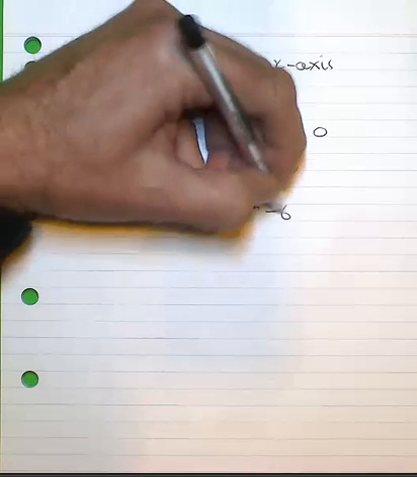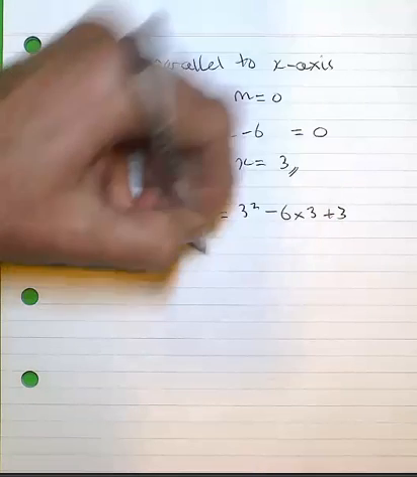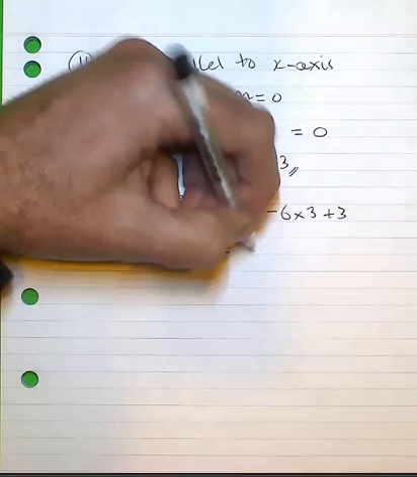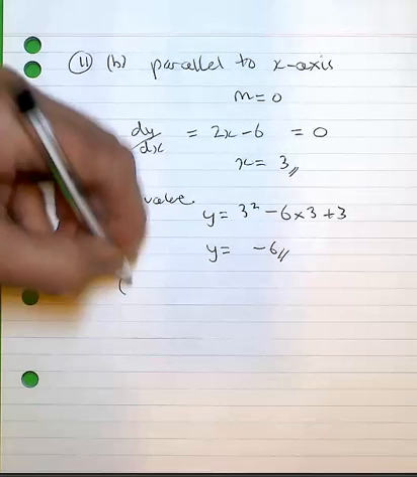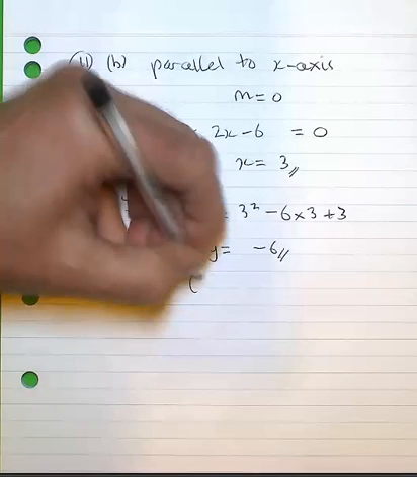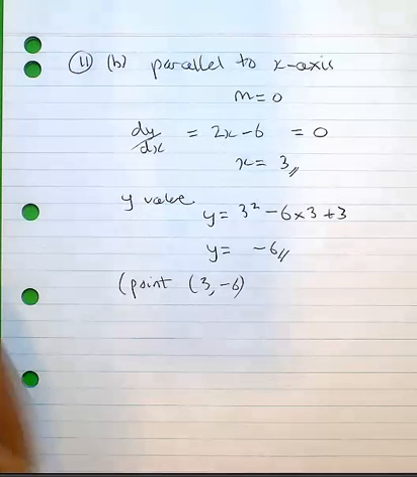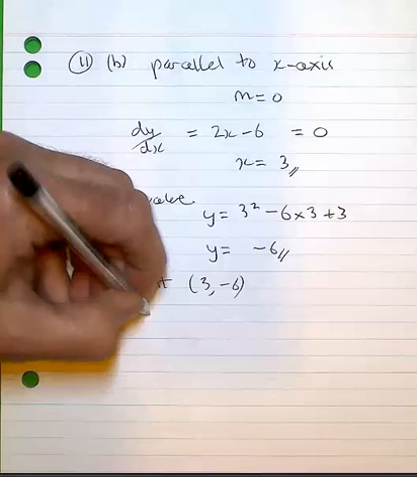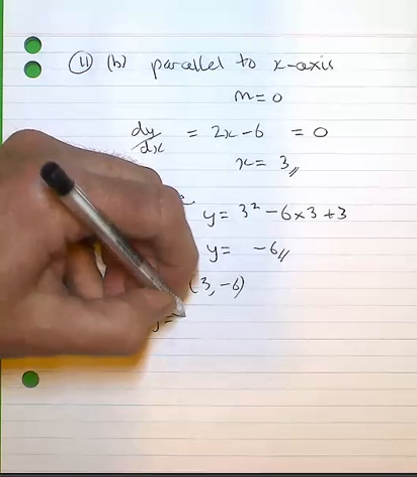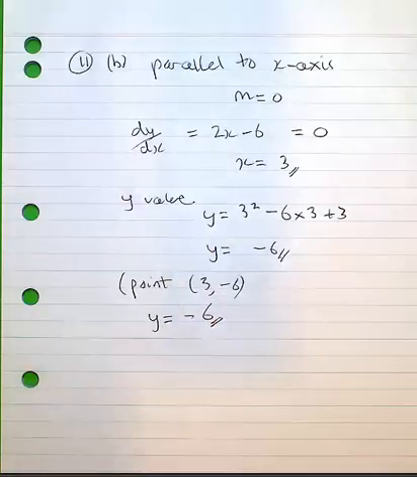So 3 squared, take 6 times 3, plus 3, and y is equal to negative 6, or the point 3, negative 6. As the gradient is 0, the answer is going to be y is equal to negative 6 as my final answer.